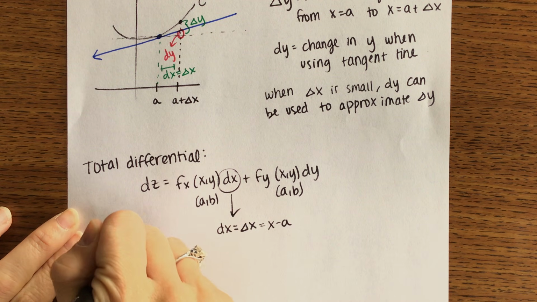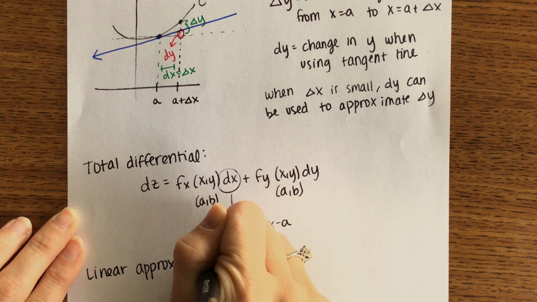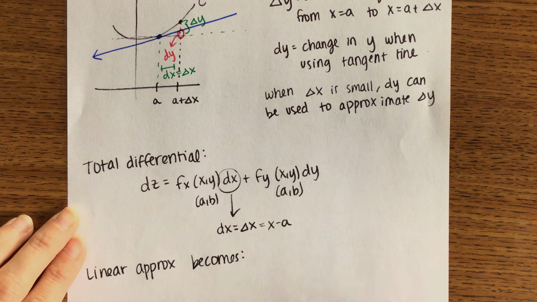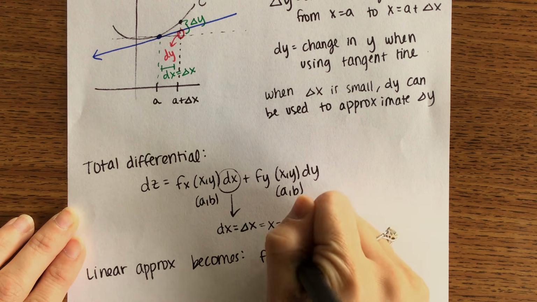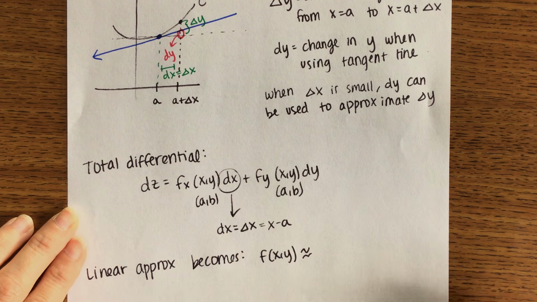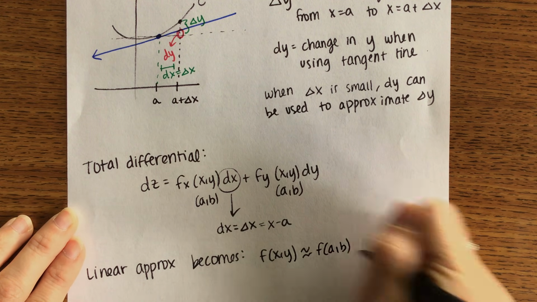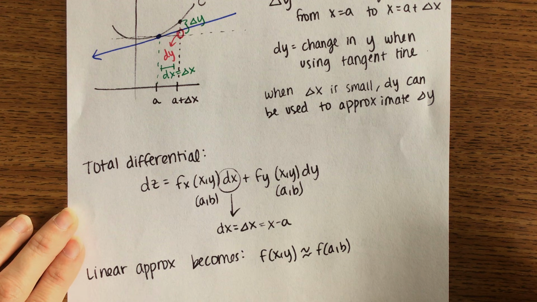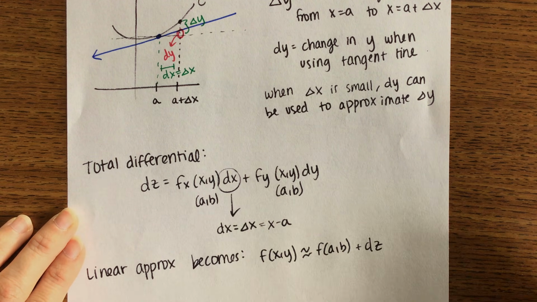Okay, the linear approximation then becomes the following. F of xy is approximately going to be f of AB plus dz.